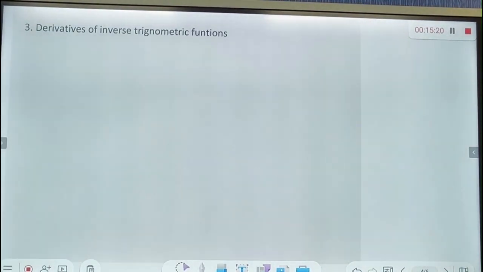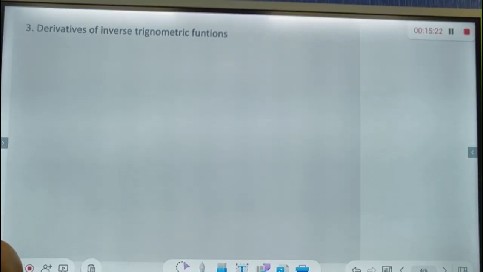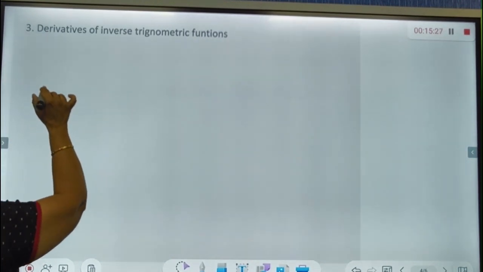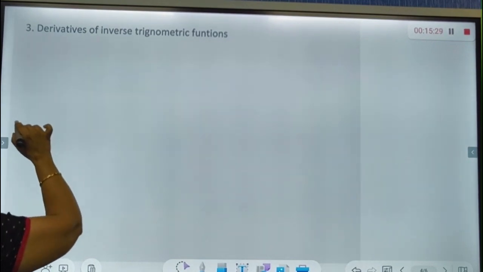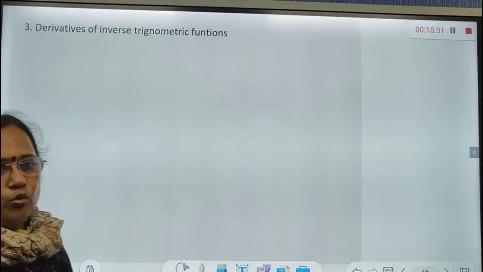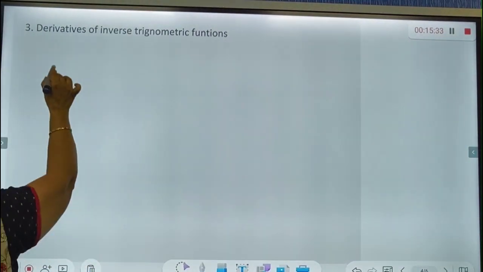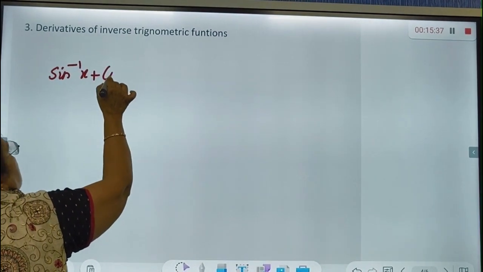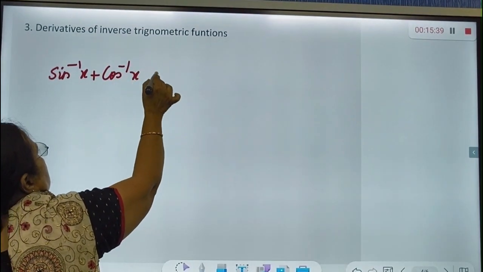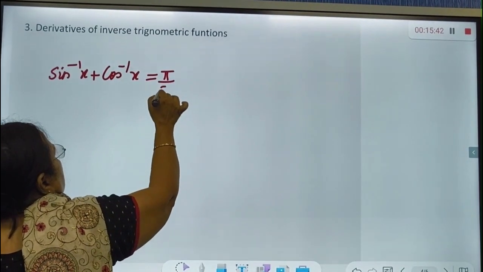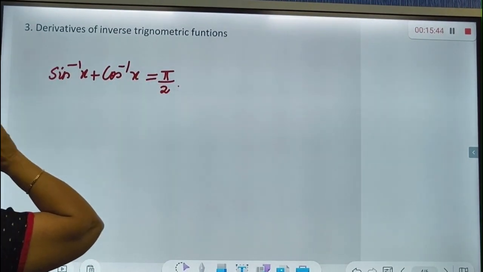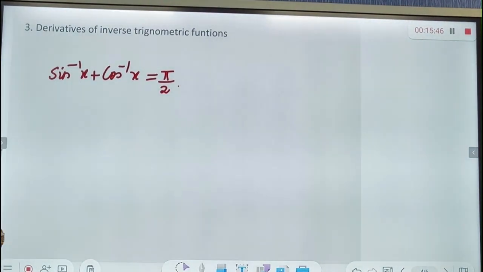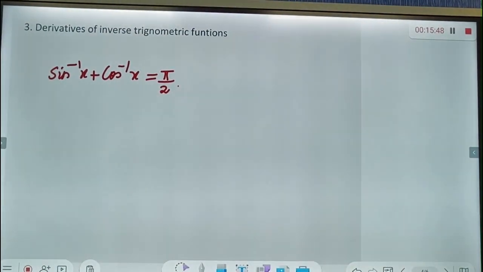So when you are dealing with derivative of inverse trigonometric functions, let us recall some of the properties. You know that sin inverse x plus cos inverse x is pi by 2, whenever x belongs to the closed interval minus 1 comma 1.